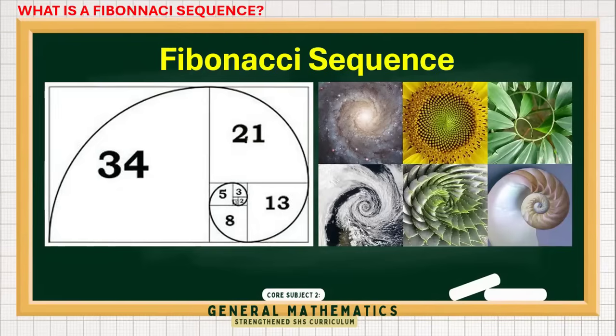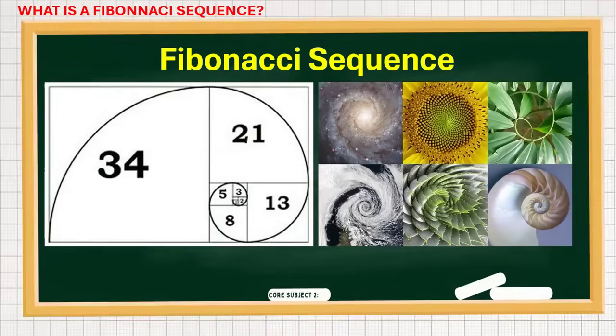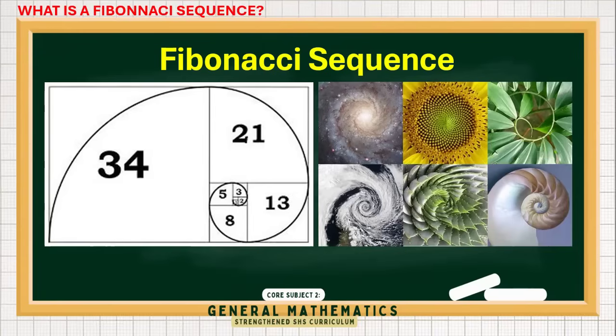It could be found in shells like the Nautilus shells, sunflowers, the hurricane, or the typhoon that we always experience in the Philippines, and even galaxies could form the Fibonacci sequence. That formation is what we call the golden ratio. We usually consider it as one of the beauties of mathematics because we could see the Fibonacci sequence in patterns in nature.